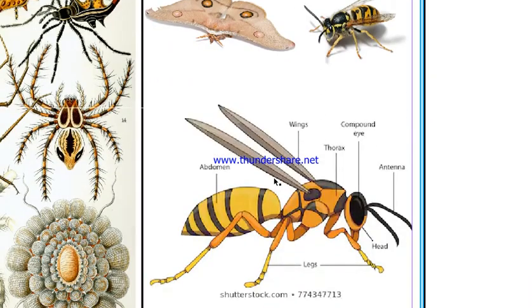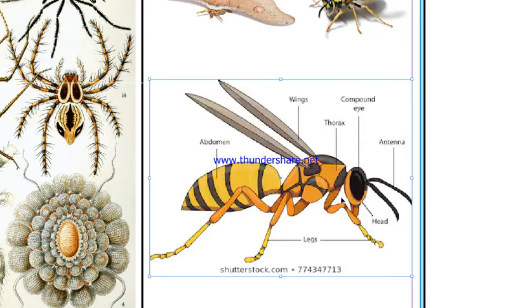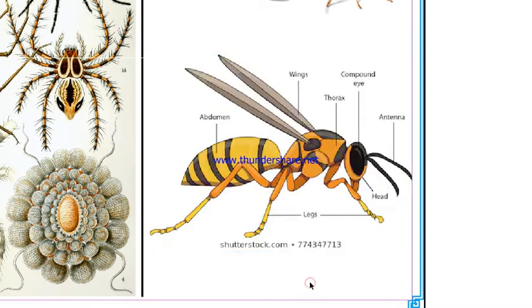You can have a closer look at the morphology of an insect. Particularly here, a honeybee is shown. Head, thorax, abdomen. Head has compound eyes, antenna and mouth parts. From thorax, wings emerge, and three pairs of jointed appendages also emerge from thorax. Abdomen usually stores food.